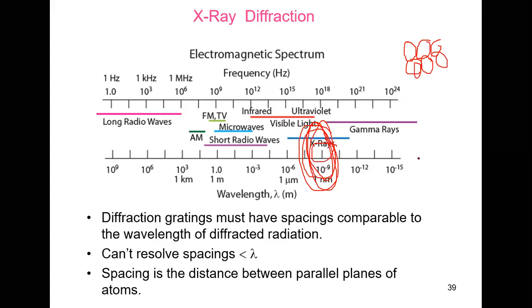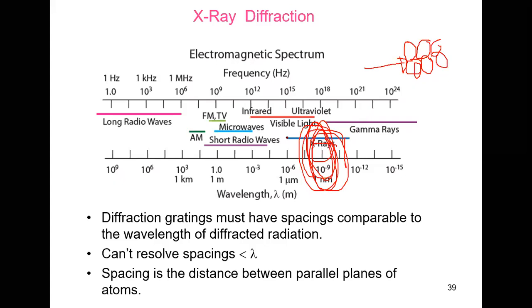So that is why we need X-ray to get the information about atoms. I think it is clear to you. Why do we need X-ray? Because the dimension of the atom, or of the interatomic space, is comparable to the size, we need a wavelength of light comparable to that dimension, and that is in the X-ray range.